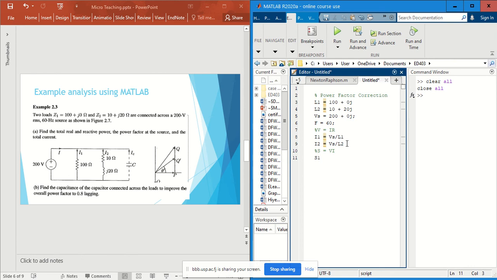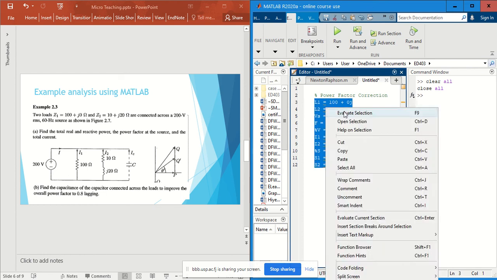So S1 is equal to Vs times, remember, the conjugate of I1, and S2 will be equal to Vs times the conjugate of I2 respectively.